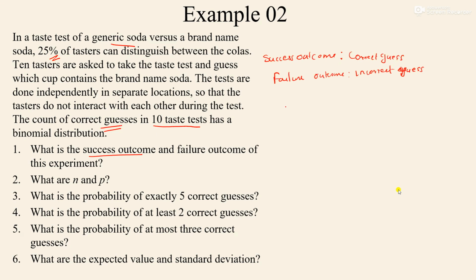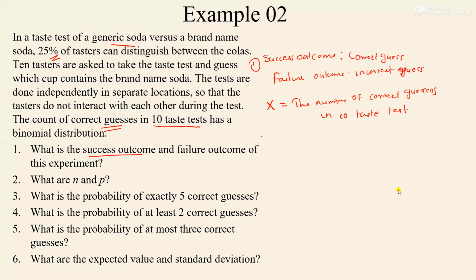Then we define the random variable X according to this: the number of correct guesses in 10 taste tests. This is the answer for the first question.